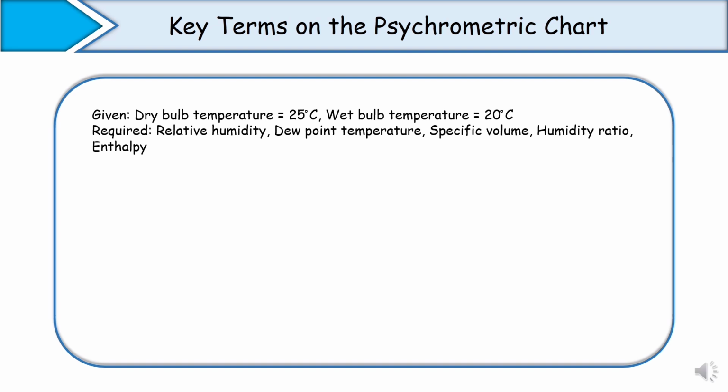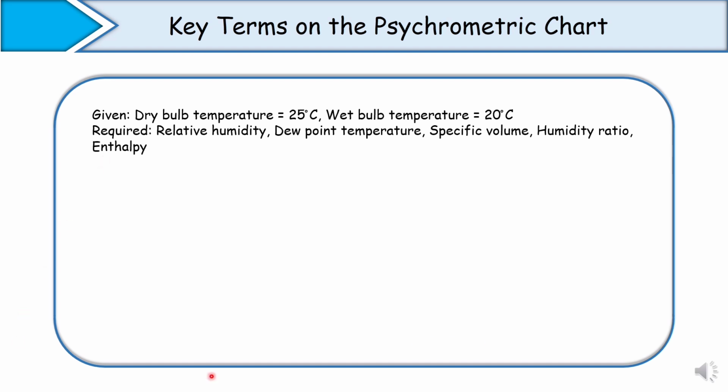Here we know that the dry bulb temperature is 25 degrees Celsius and the wet bulb is 20. Now, we need to calculate the relative humidity, dew point temperature, specific volume, humidity ratio, and enthalpy.